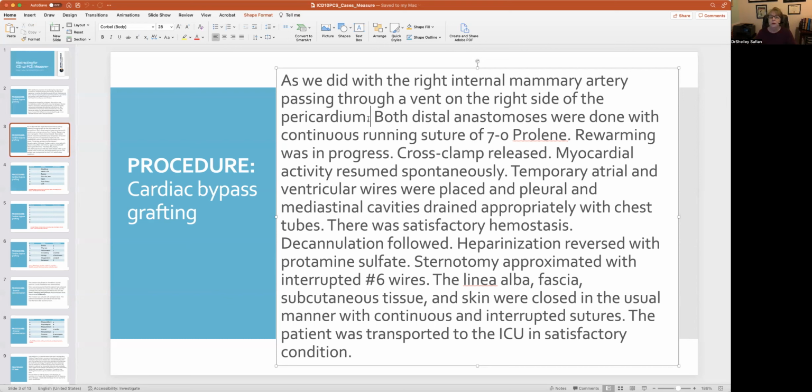Anastomoses were done with continuous running suture of 7-0 Prolene. Now, what kind of suture was used is not going to get coded. It's not necessarily something you need to know, but it needs to be in the documentation. So this is part of your critical thinking process, part of using your education.